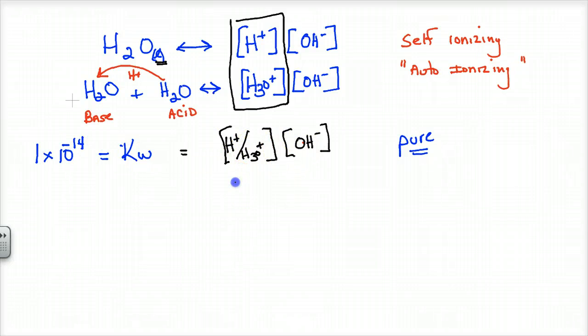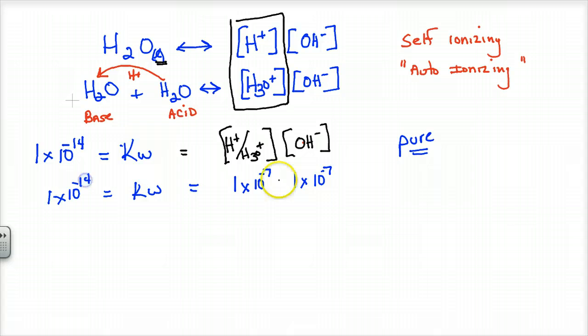And last year, remember that it was 1 times 10 to the negative 7. Just through stoichiometry, these concentrations have to be the same if the water is pure. There's no added influence of any other chemicals. So Kw, which is 1 times 10 to the negative 14, equals these values. Very simple stuff.